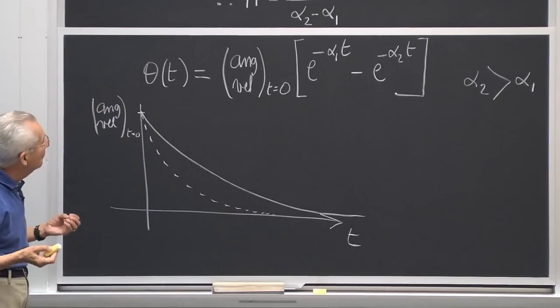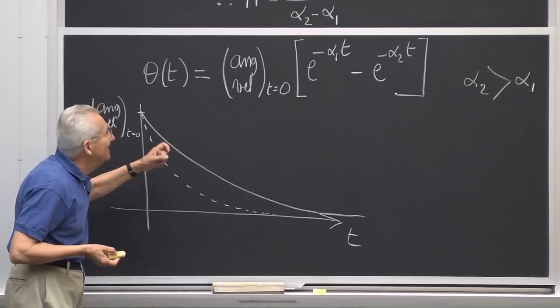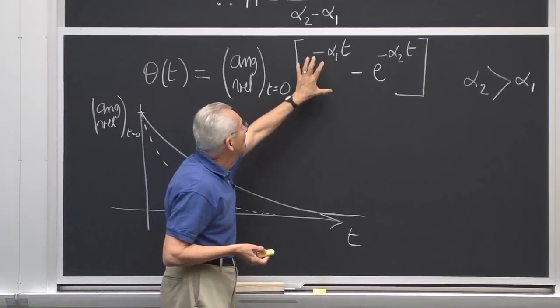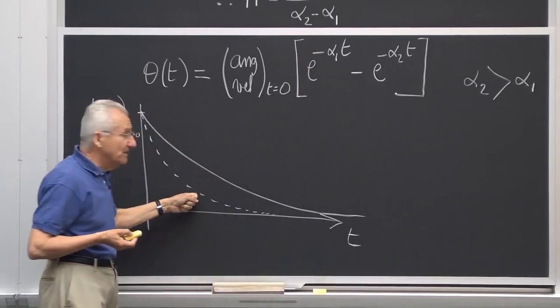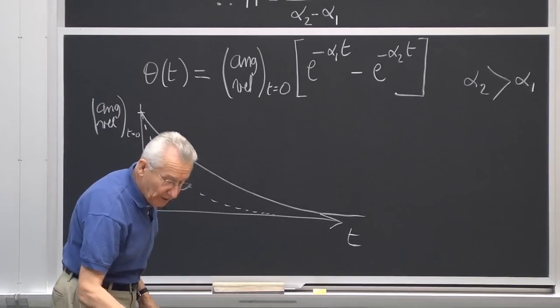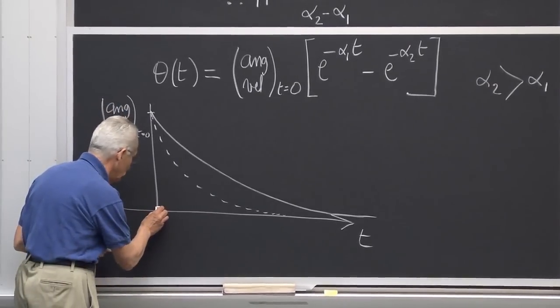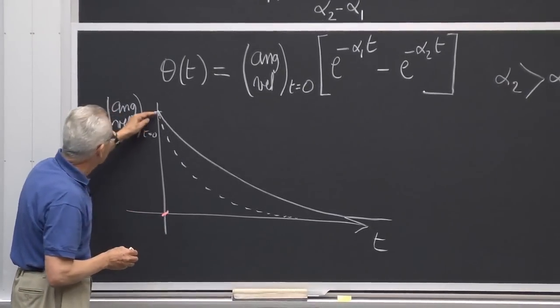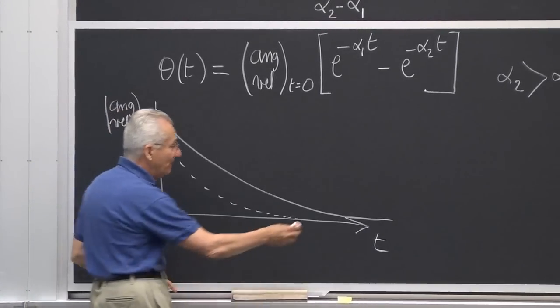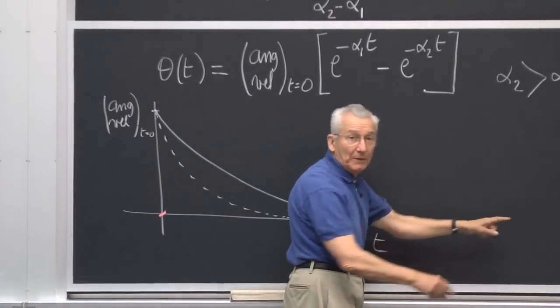The net motion is the difference between those two. Take this one minus that one. What does that look like? Well, qualitatively, you can see I'd start at 0. Far out here, it'll be 0, because the two exponentials will approach 0.